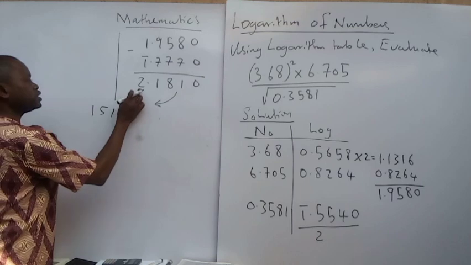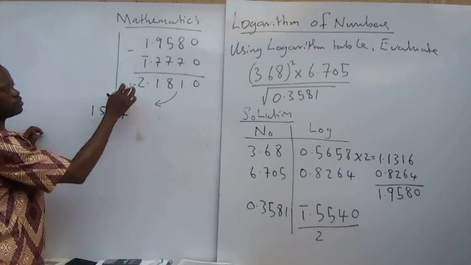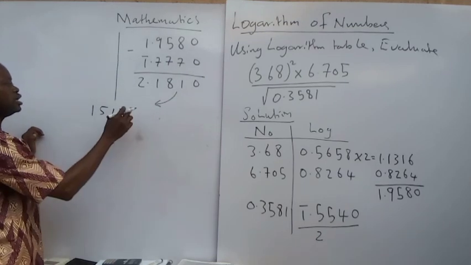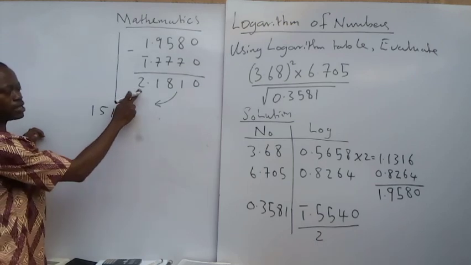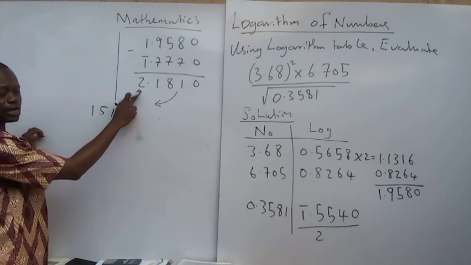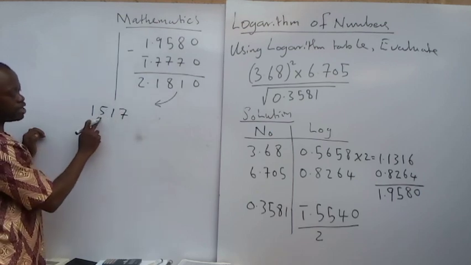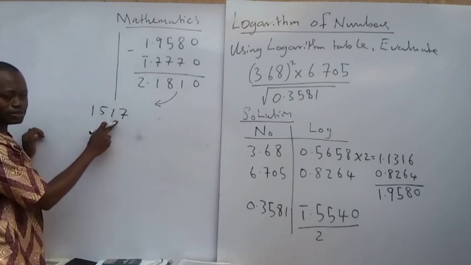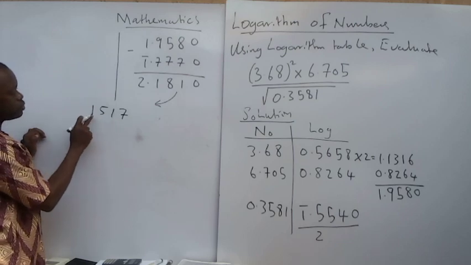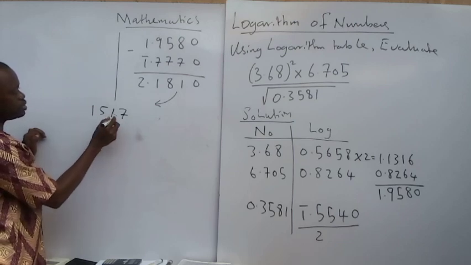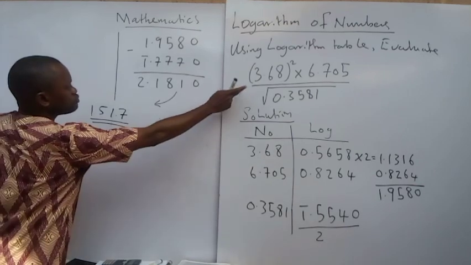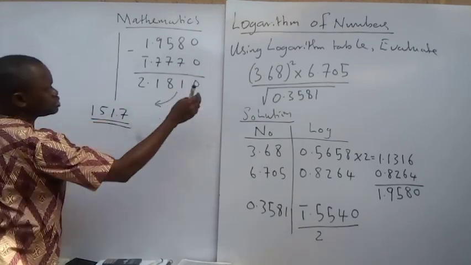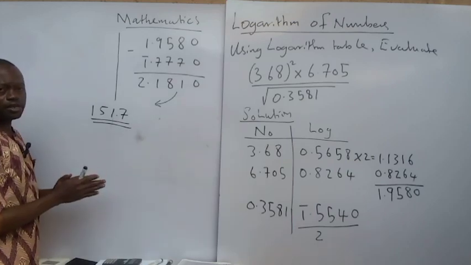Now, what is the implication of these two? I have explained this several times. The implication of these two is you add 1 to it and it becomes 3. That will be the number of counts before you put your decimal point. So I will count 1, 2, 3 and put my decimal point. This is my final answer from solving this problem using the logarithm table.